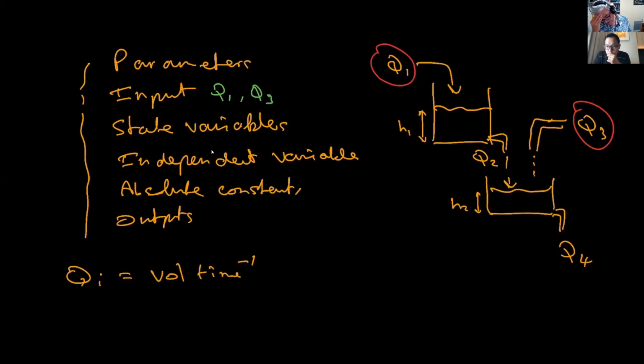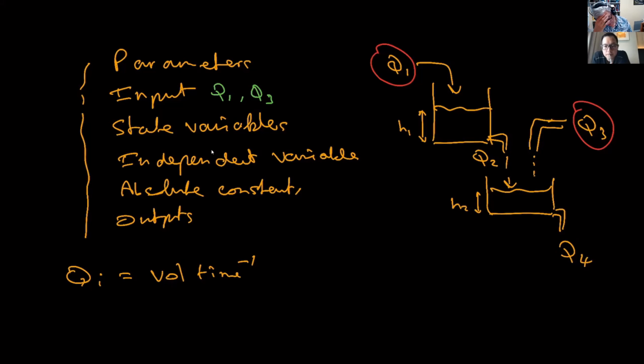Now, there are other things which could be inputs, but which we don't treat as inputs. For example, the diameter of the tank. In principle, I could go out and buy a new tank with a different diameter, but I'm not going to bother because it's too much effort. So for all intents and purposes, those are not inputs.